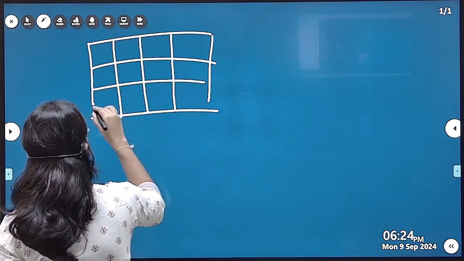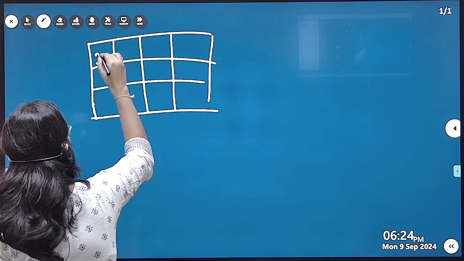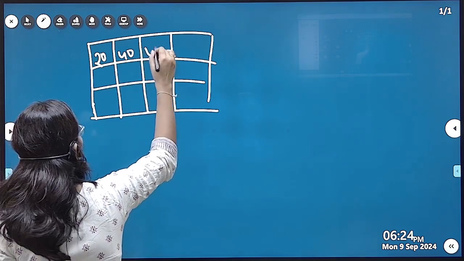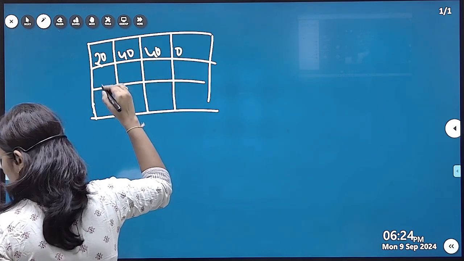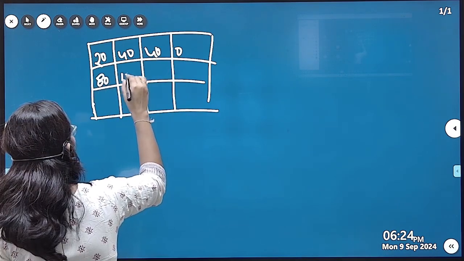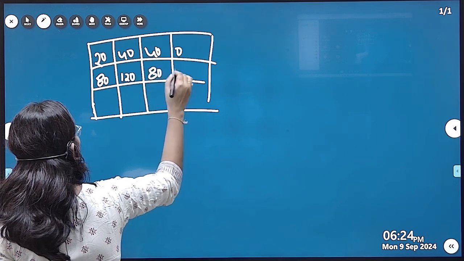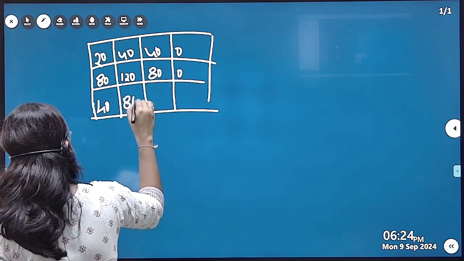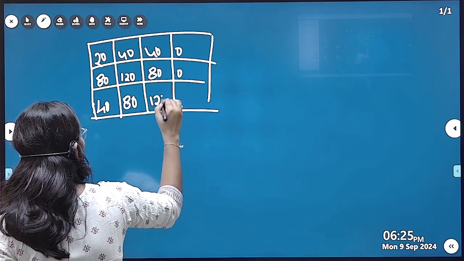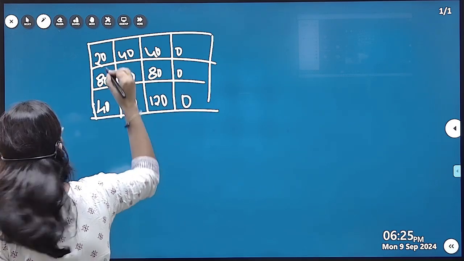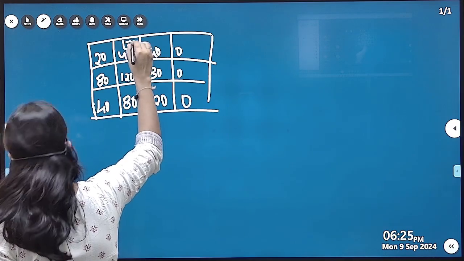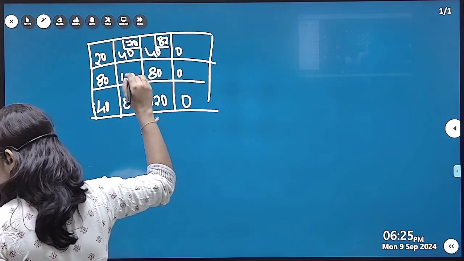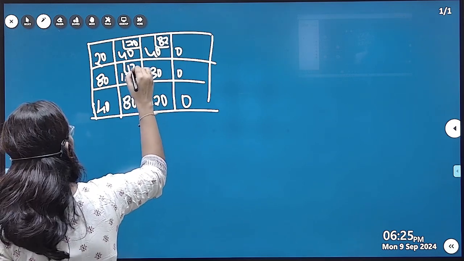Okay, so 20, 40, 40, 0, 80, 120, 80, 0, and 0. So already in the question they have done the basic solution and the feasibility test.